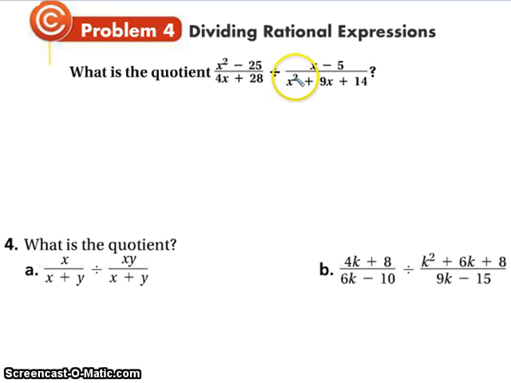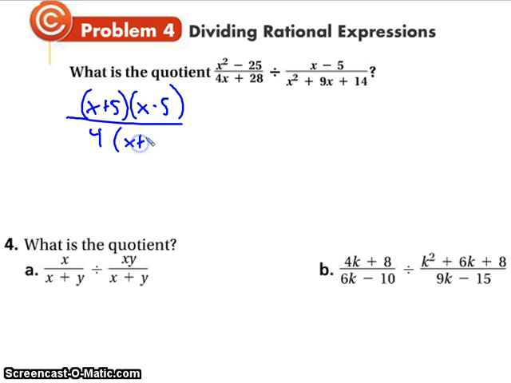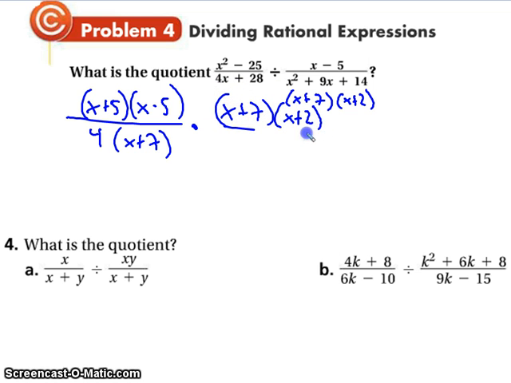Division is just multiplication where we flip it. So I'm going to go through the process of simplifying this as I get ready to do that. This becomes 4 times x plus 7. I'm going to change this into multiplication and flip this upside down. So I'm going to put x plus 7, x plus 2 on top, and underneath will be x minus 5.